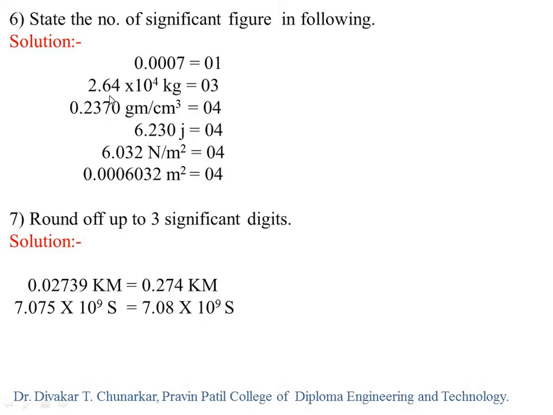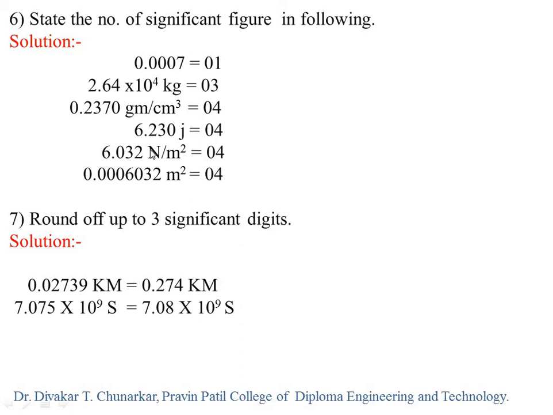After that, 2.64 into 10 to the power 4, here 10 to the power 4 is the remaining value. So here is 2.64, only three significant figures. Then 0.2370 gram per centimeter cube, here is 2370, these are four significant figures. 6.230, here are also four significant figures.